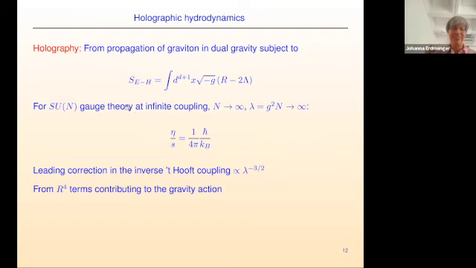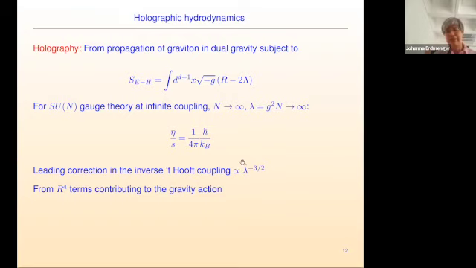The corrections will be in the regime where the coupling is very large. So this means we have corrections in 1 over the coupling, okay? Because corrections are always small, in this case the quantity that is small is 1 over the coupling, because the coupling itself is large.